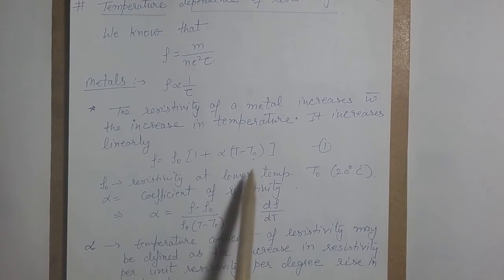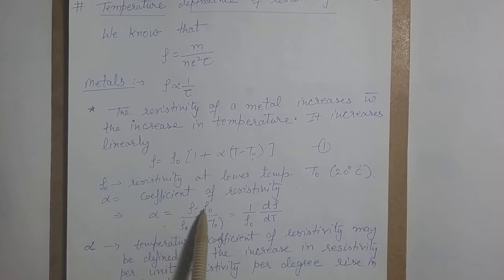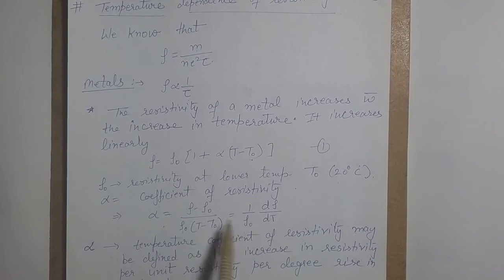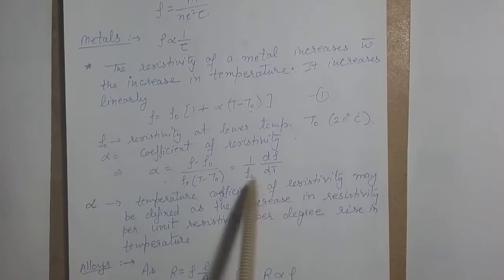From this equation 1, alpha comes out to be (rho minus rho naught) divided by rho naught (T minus T naught), and that is equal to 1 upon rho naught times the change in resistivity divided by the change in temperature.